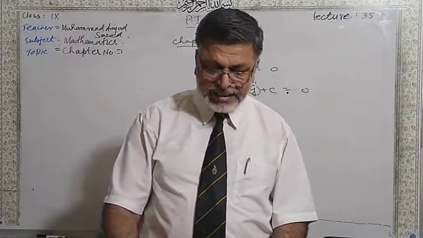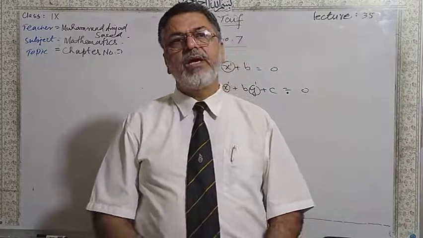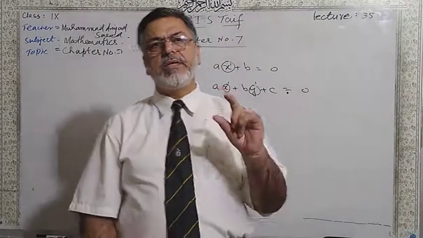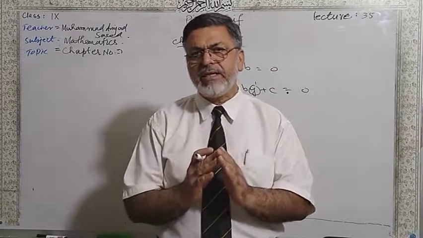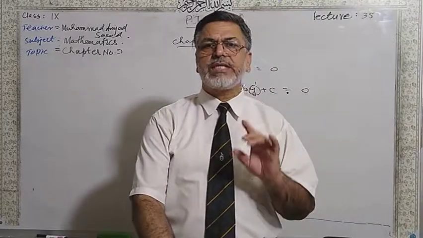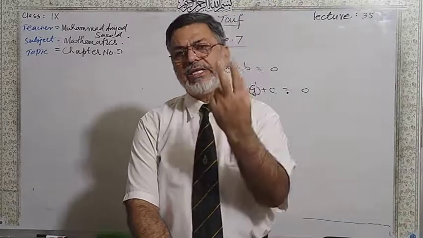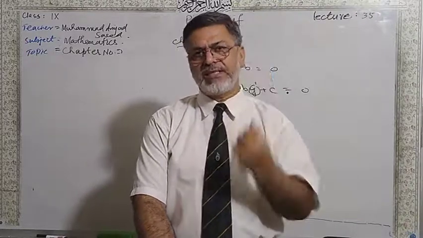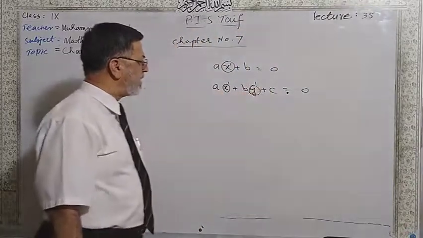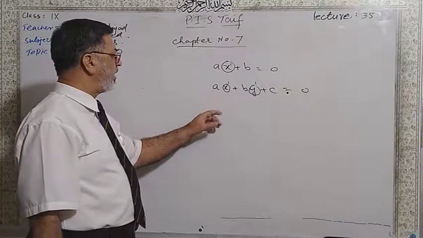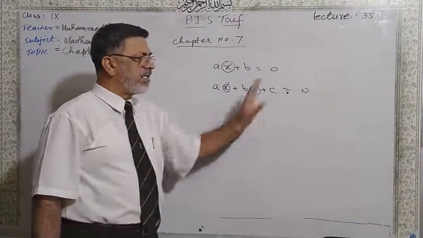Remember that if you have a linear equation with two variables, then to find the solution set, you need to have two equations with two variables. For example, ax plus by plus c is equal to 0, then you can write a1x plus b1y plus c1 is equal to 0.